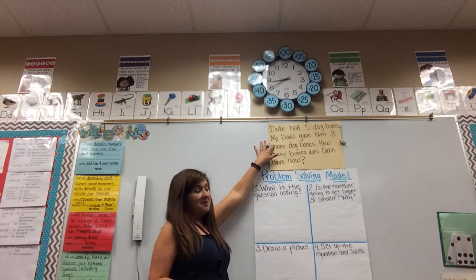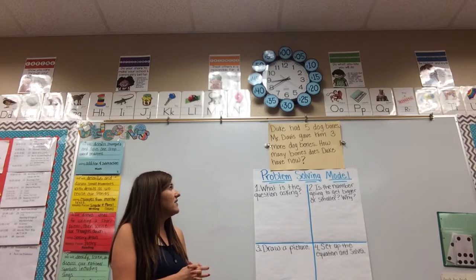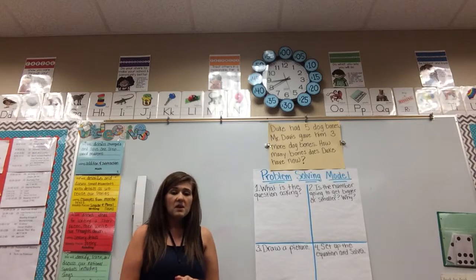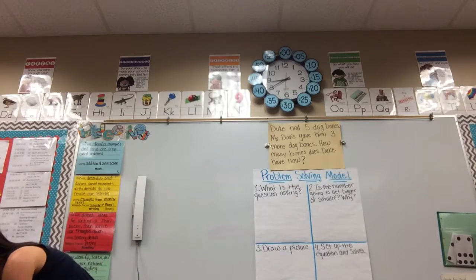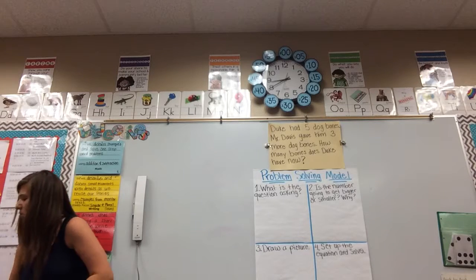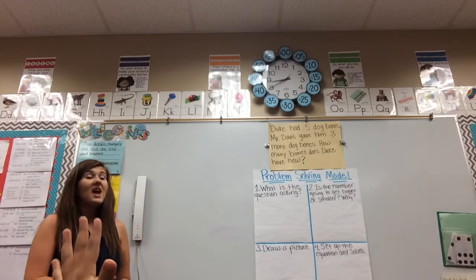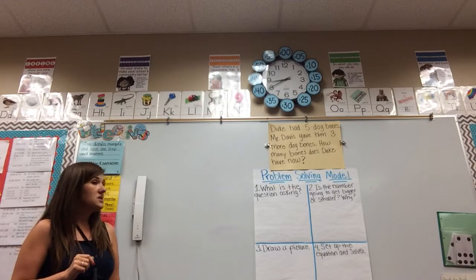Here's my problem. Duke had 5 dog bones. Mr. Davis gave him 3 more dog bones. How many bones does Duke have now? Let's see. Can we all read this together? Let's read this problem one more time together. Ready? Duke had 5 dog bones.